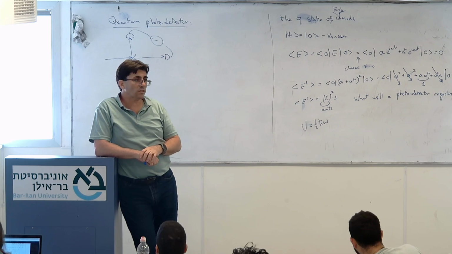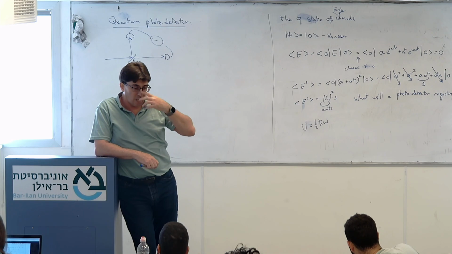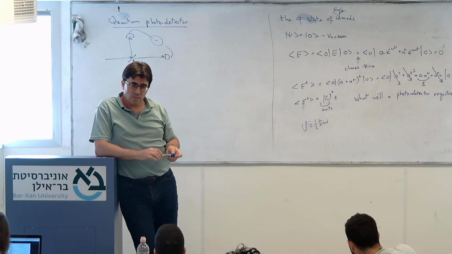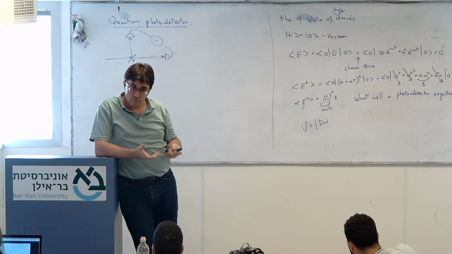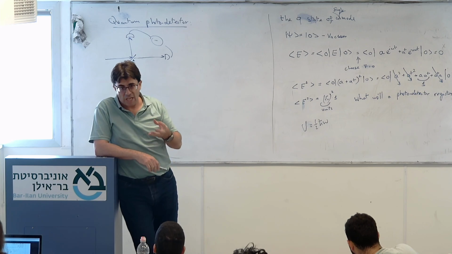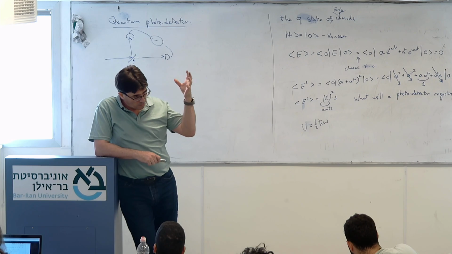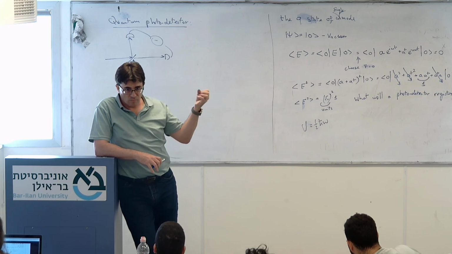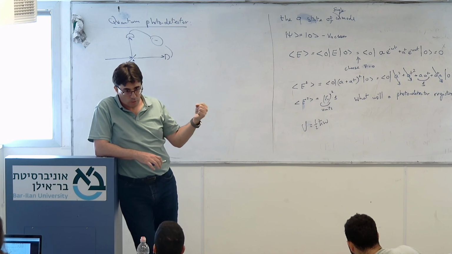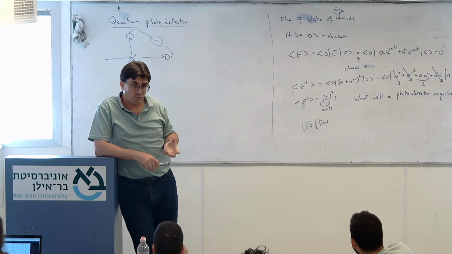And then we can ask ourselves, but spontaneous emission, where did that decay come from? Why does the excited state decay? And the answer is because there are vacuum fluctuations. The field, even when you don't have anything in there, the atom feels vacuum fluctuations. And this is like a field, and it can stimulate it down.